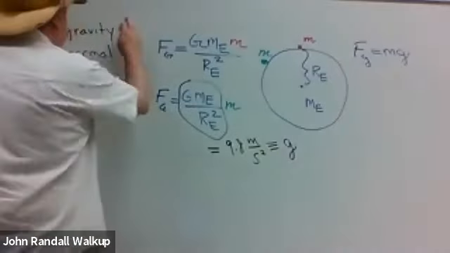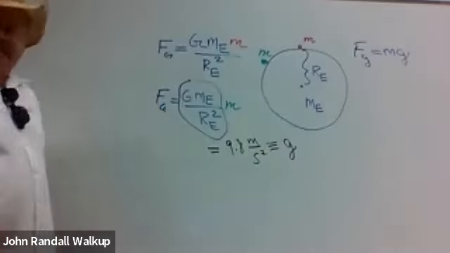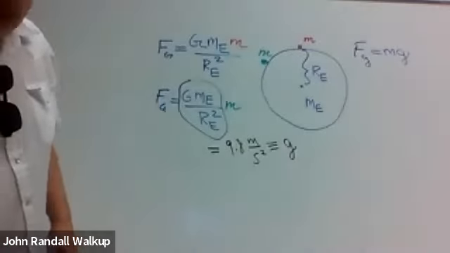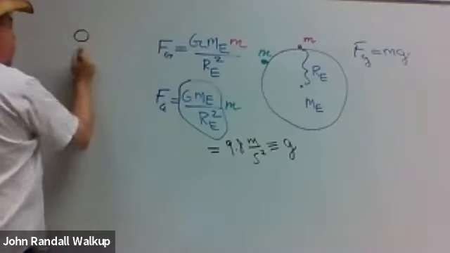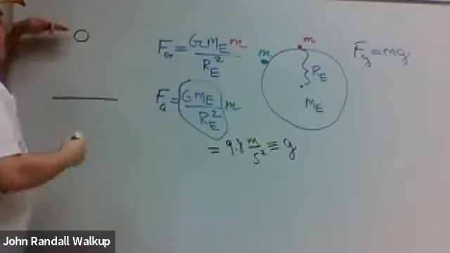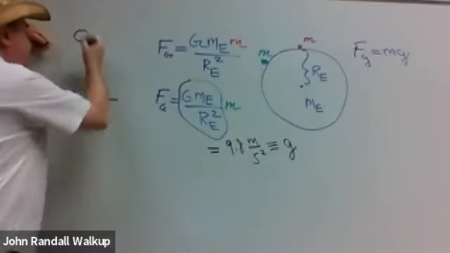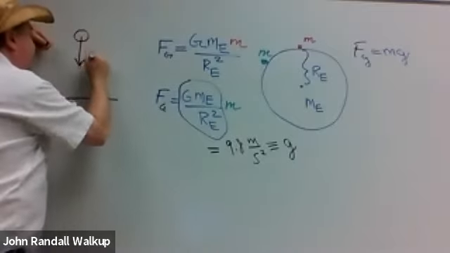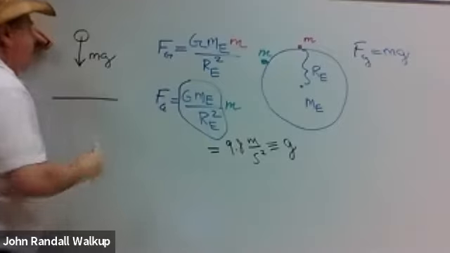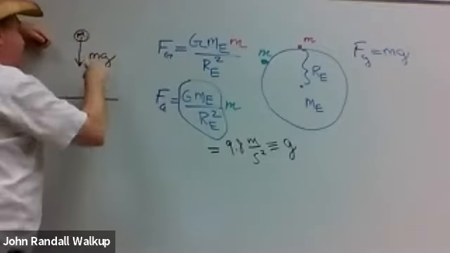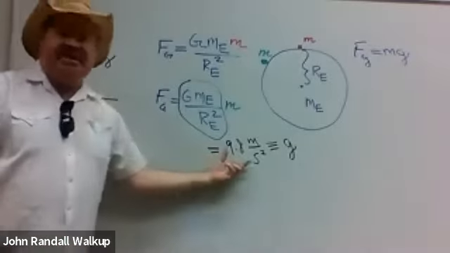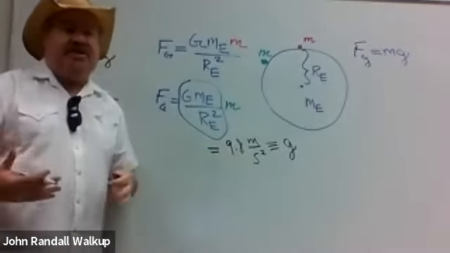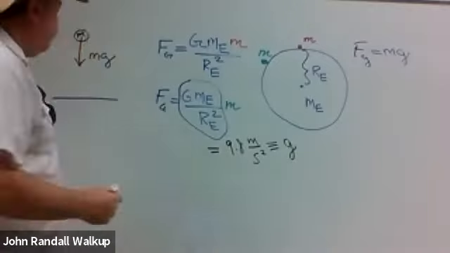So over here, I have my body, my marker, and it's in free fall. Therefore, the only force acting on it is gravity, and I'm saying that that force is equal to mg, the mass of the body times that g number, 9.8 meters per second squared. And yes, we're using 10 for the purposes of simplicity.